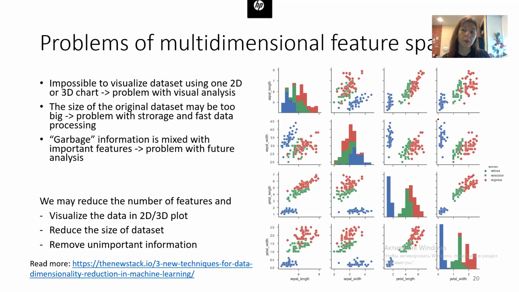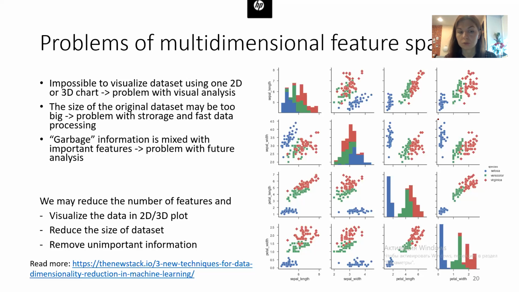So when we reduce the number of features, we may visualize our data and analyze it visually and make some conclusions about dependencies in data, distribution of the data. It's something like this, all this visual stuff.